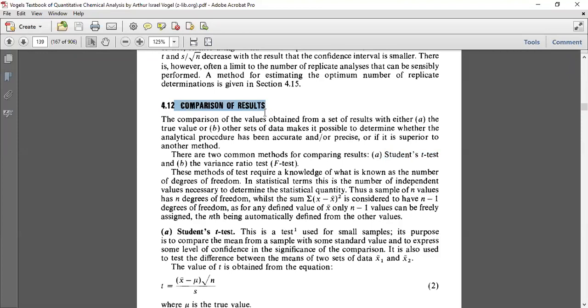Both tests are useful for comparison of results. The second point you can write is to match with the true value. And another point: whatever analytical procedure we are developing, whether it is accurate, precise, or superior to another method, for comparison purpose. That is the main objective of t-test as well as variance ratio test or F-test.